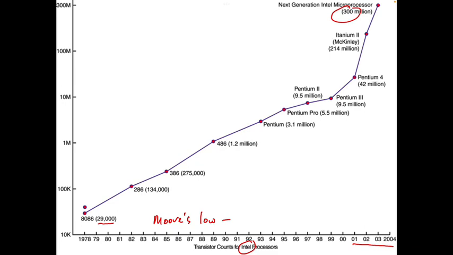So each 2 years the number of transistors will double. It is up to you if you want to do more research on this.